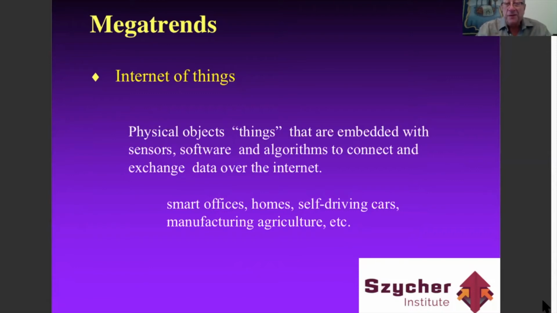In your home, pretty soon your coffee is going to be made through the Internet of Things, or you're going to be able to cook through it. Self-driving cars are going to be part of the Internet of Things. Manufacturing, agriculture, etc. So one of the major mega trends is the Internet of Things. If you are in this space, you are essentially a disruptive innovator.